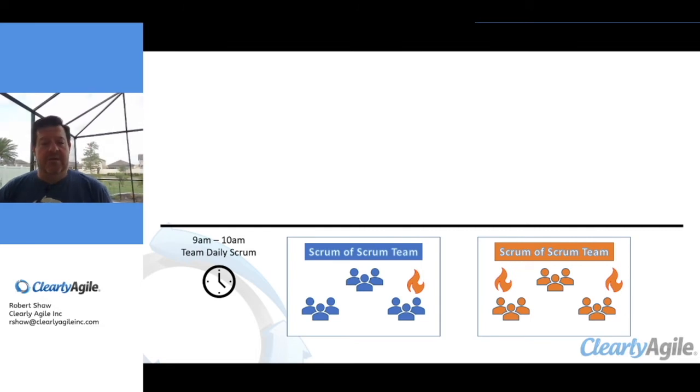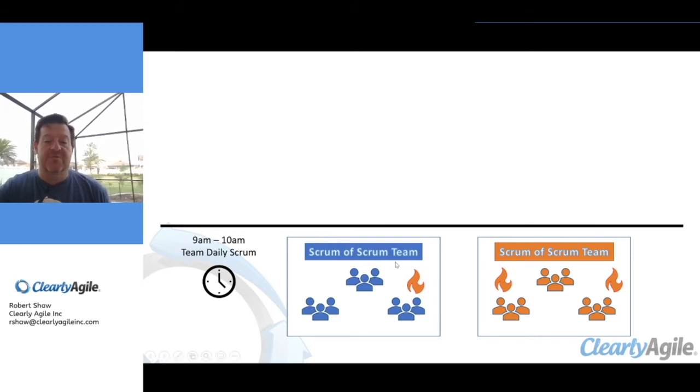So for the scaled daily Scrum pattern, let's take a quick walk through a hypothetical scenario. Between 9 and 10 a.m., teams are holding their daily Scrum. Here we have two Scrum of Scrums teams. A Scrum of Scrums team is just a collection of teams working on like work, maybe within the same product or the same program.